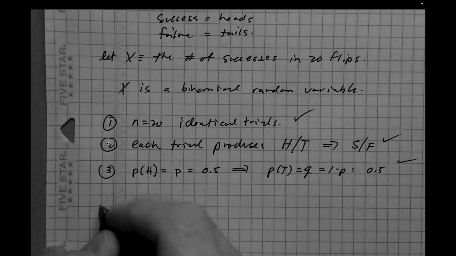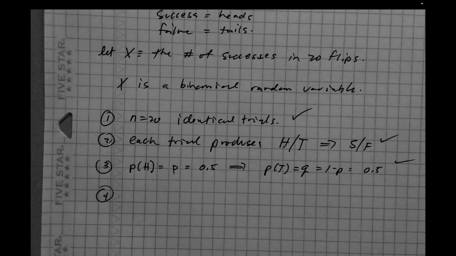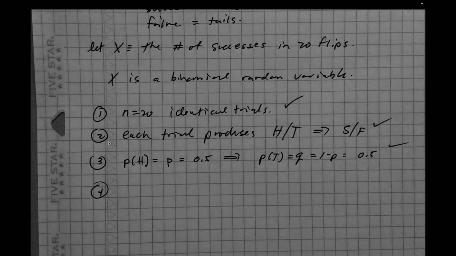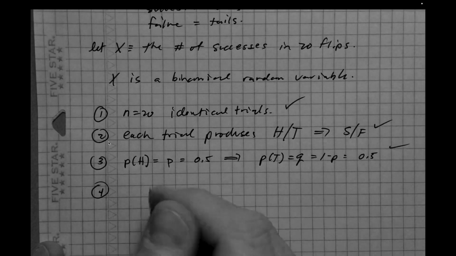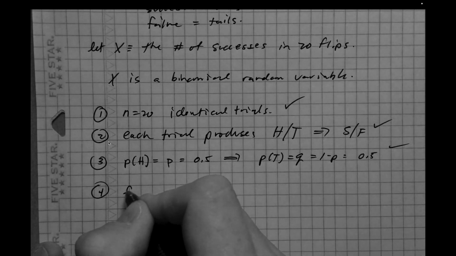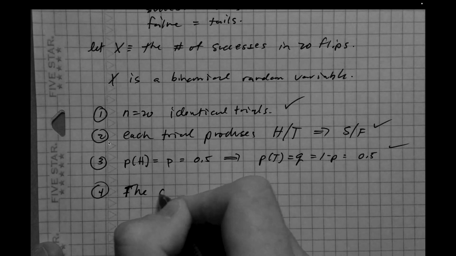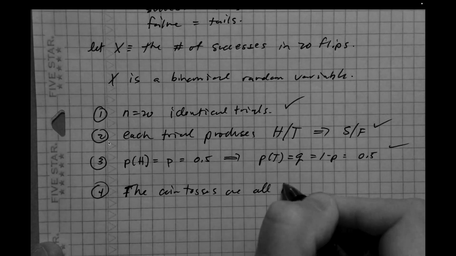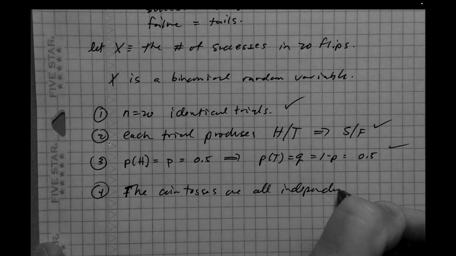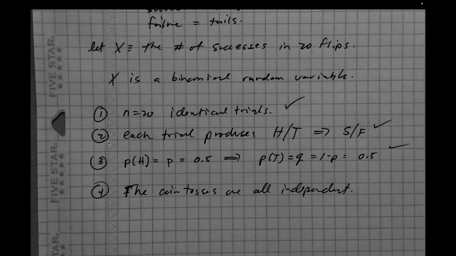What was the fourth requirement? Well, the fourth requirement was that the trials are independent. Definitely that's the case with flipping coins. The coin tosses are all independent. One toss doesn't influence the next toss and so on.